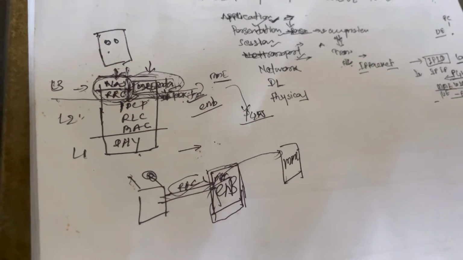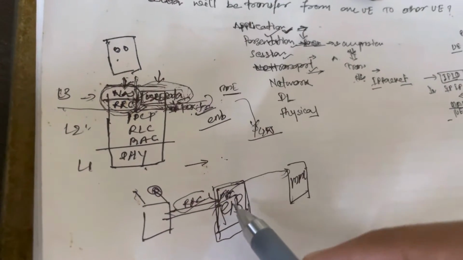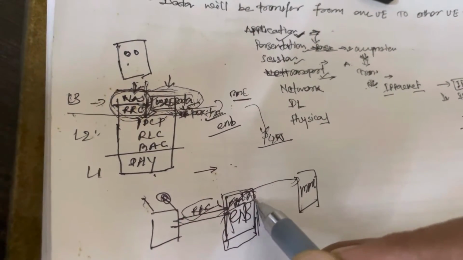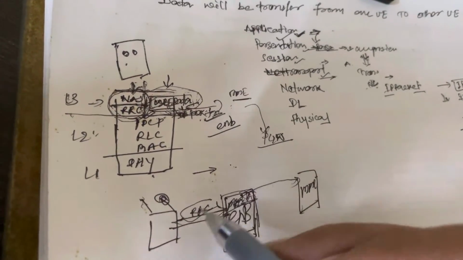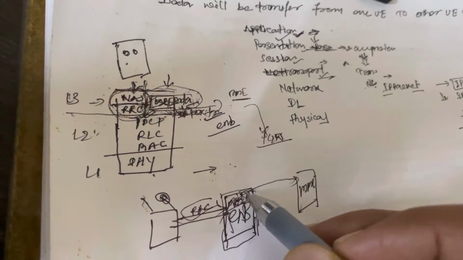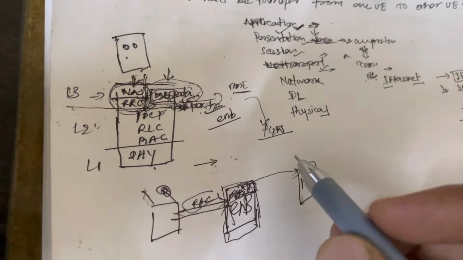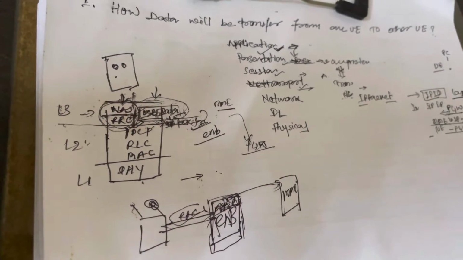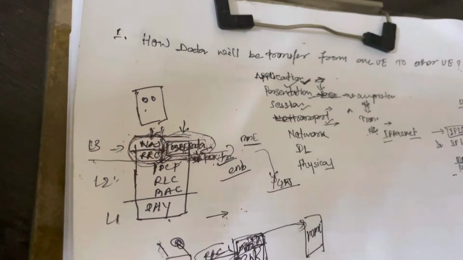You can't, right? The same is the case in the eNodeB. The NAS protocol is not present, so it cannot understand the meaning of this message, so it just forwards it to the MME.